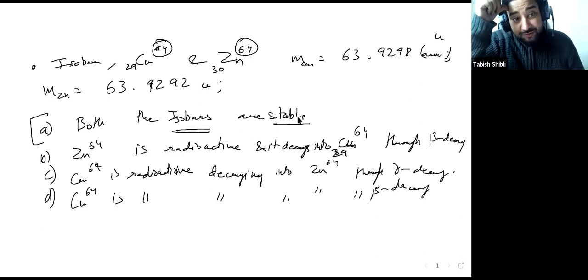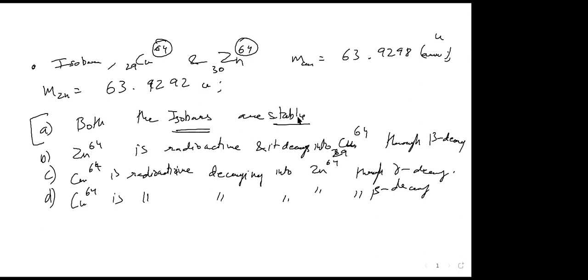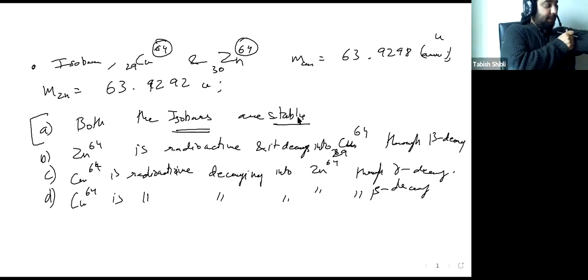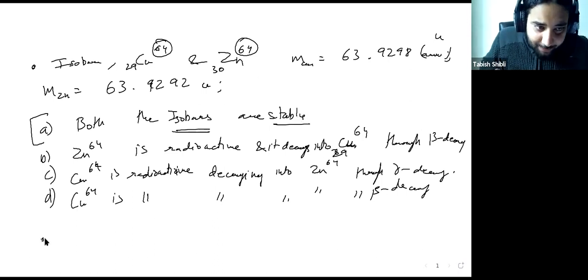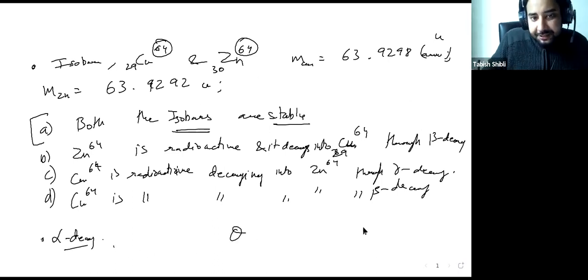So how do you know if a nucleus is stable or not? There's a standard way of knowing this. You remember when we talked about alpha decay? You remember we had a Q on the right hand side.